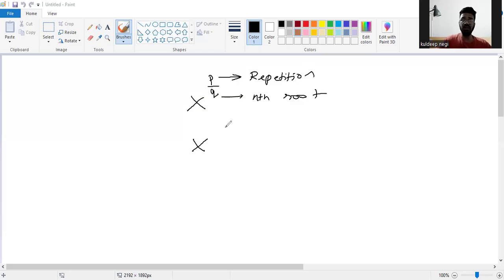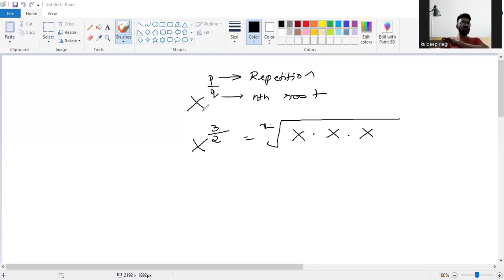An example will help you understand it better: x to the power 3 by 2 means you have to write x 3 times and then find the square root of it. Okay, so those were all the important formulas related to exponents.